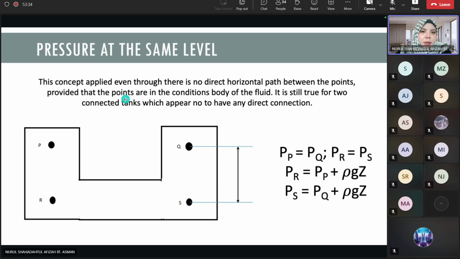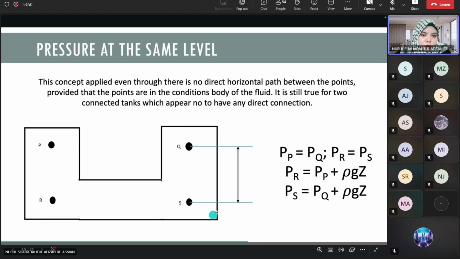So this concept applies even though there is no direct horizontal path between points, provided that the points are in the same body of fluid. It is still true for two connected tanks which appear to have no direct connection.